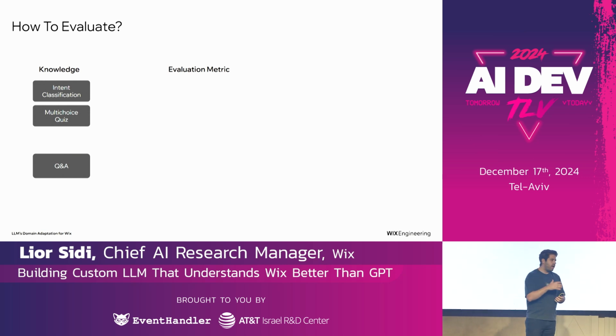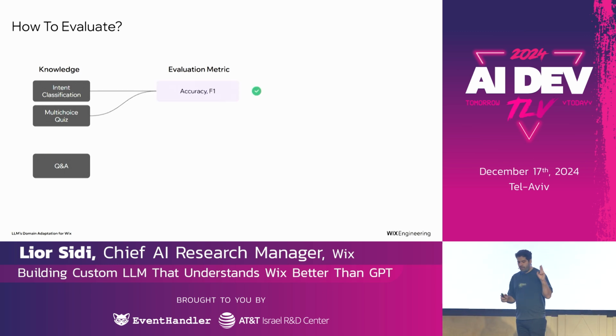And we have a lot of Q&A, free text question-answering pairs, on top of the multi-choice that I presented. For the top two, it's very easy to estimate. You need to understand how you actually estimate the task. For intent classification and for multi-choice, you can use accuracy metrics and quantify it.